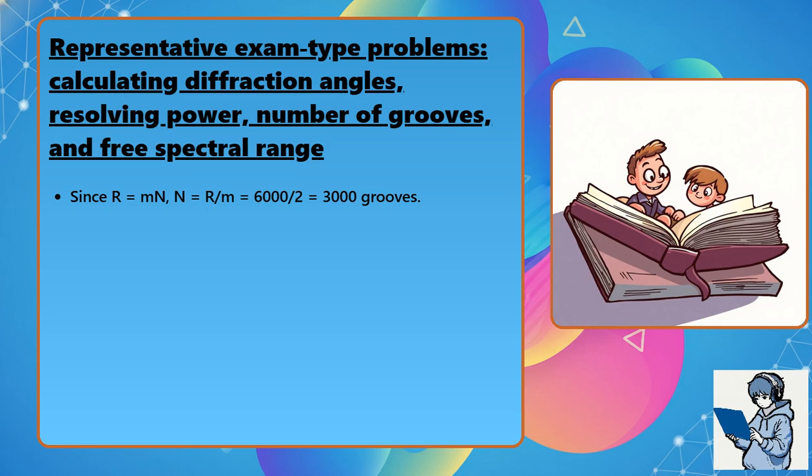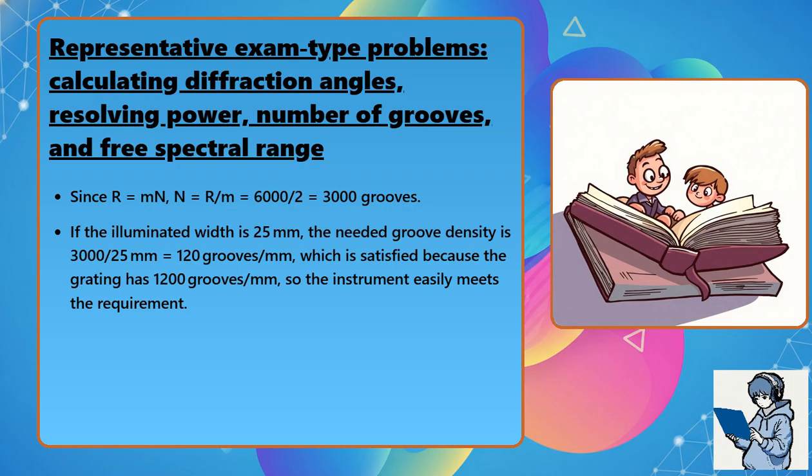Since R equals mN, N equals R divided by m, which is 6,000 divided by 2 equals 3,000 grooves. If the illuminated width is 25 millimeters, the needed groove density is 3,000 divided by 25 millimeters equals 120 grooves per millimeter, which is satisfied because the grating has 1,200 grooves per millimeter, so the instrument easily meets the requirement.